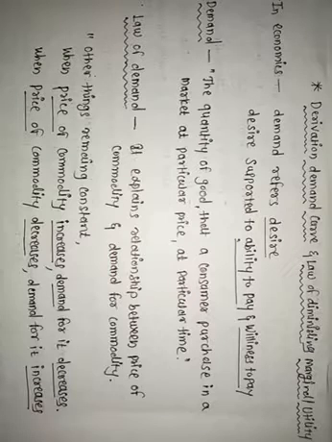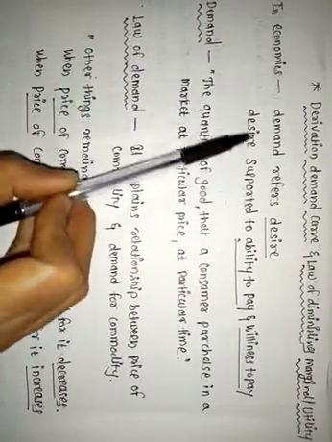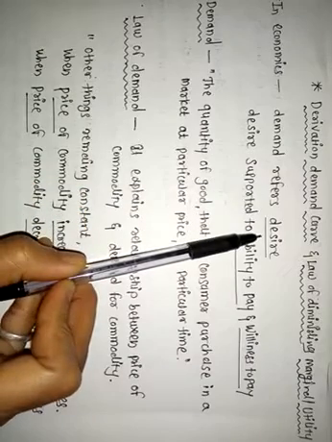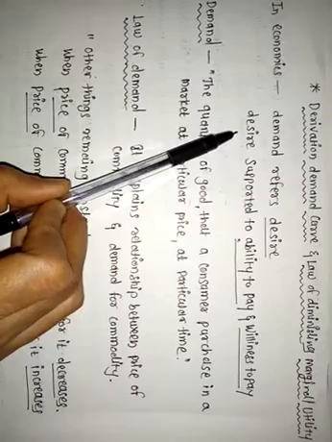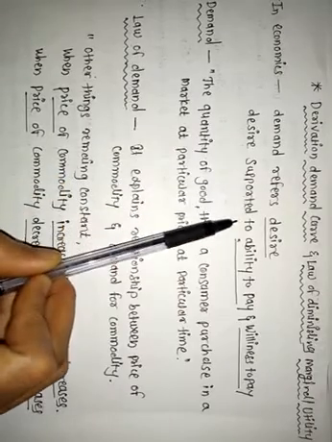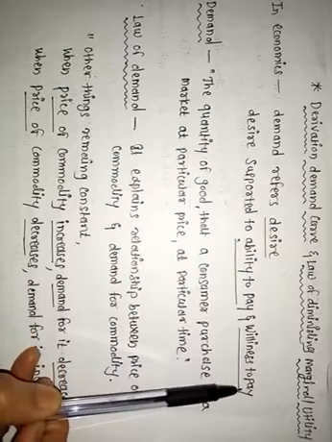Does the desire to buy a good become a demand? Then, what is demand? In economics, demand refers to desire. Desire means to wish, and desire should be supported by ability to pay and willingness to pay.